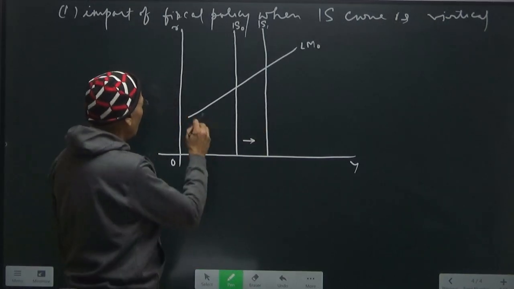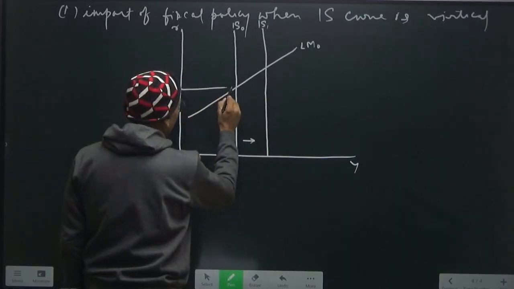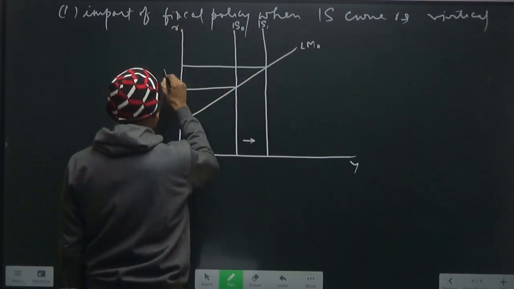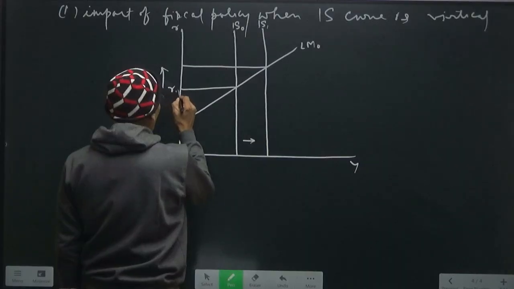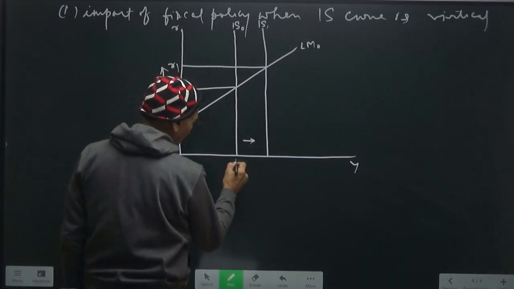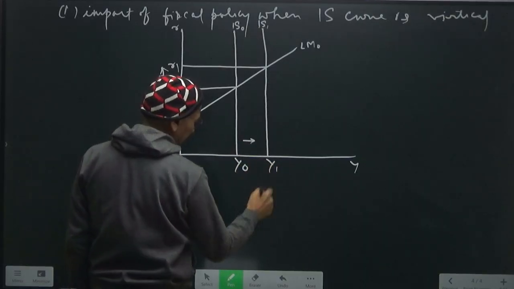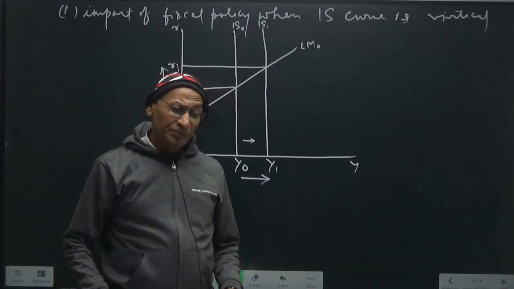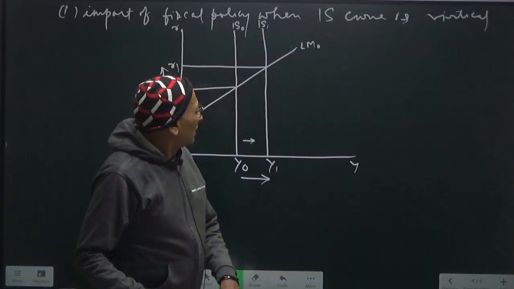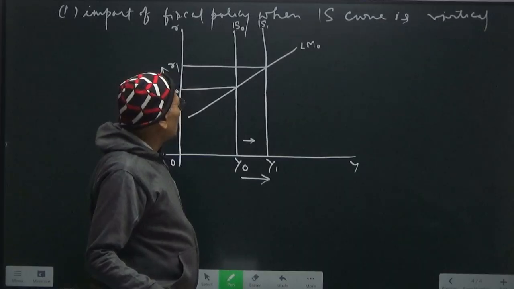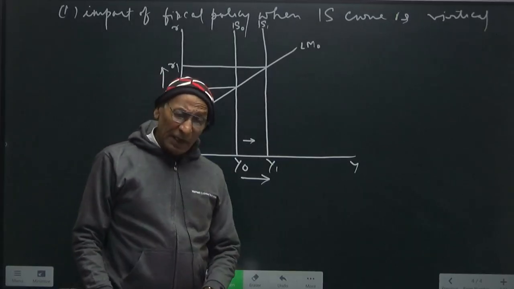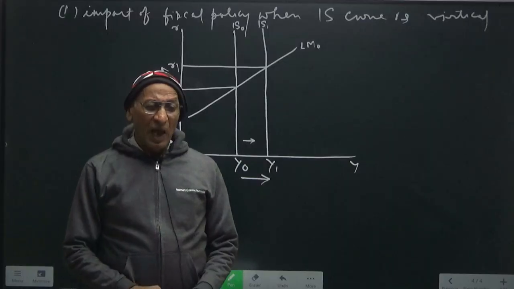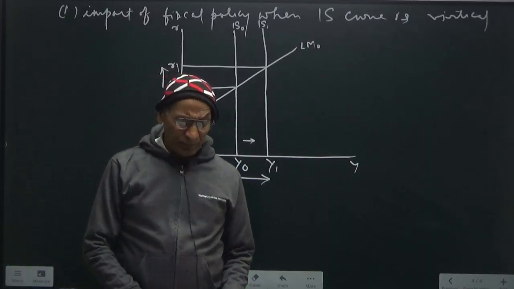Okay. With the increase in government expenditure, the interest rate will also increase, R0 to R1, and income will also increase. Therefore, in the first case, the implication of the fiscal policy in case of vertical IS curve is that the interest rate will increase as well as income will also increase.